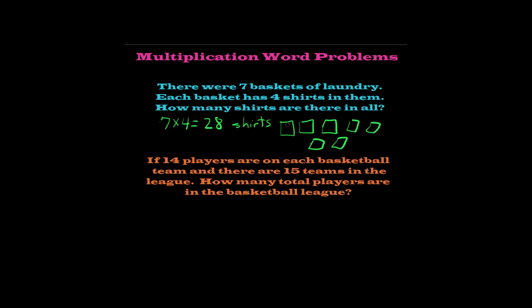And instead of drawing 4 shirts in each, just label each 4, 4, 4 for each one. And just acting it out, you could just imagine picking it up. 4, 8, 12, 16, 20, 24, and 28. So a nice simple picture, a nice acting it out.